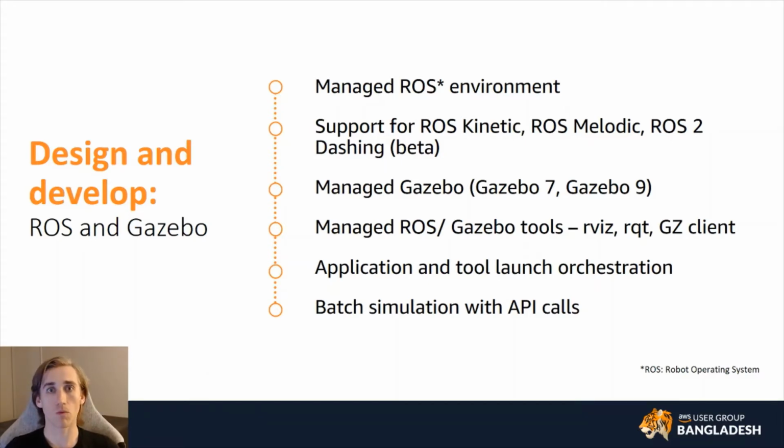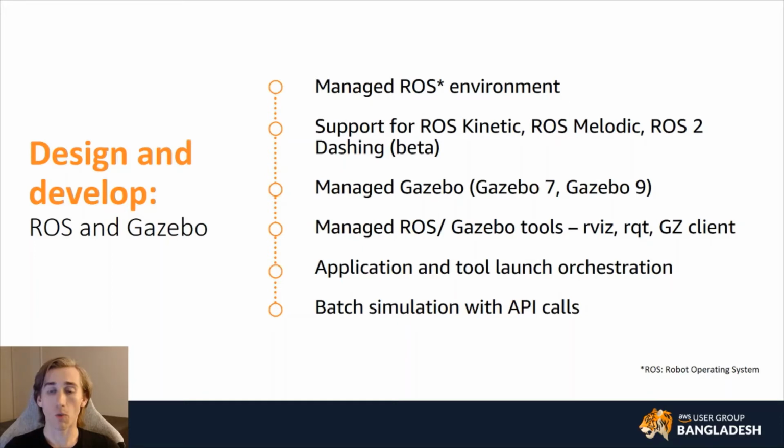And within Gazebo, you can do a lot of cool things of adding different environments. So walls, objects, different physics, all kinds of different stuff. We'll look at a little bit of it during the demo, but Gazebo in itself is a whole other topic that we could spend a lot of time on. But just suffice to say for this conversation, it's the physics engine that we're using to run our simulations.